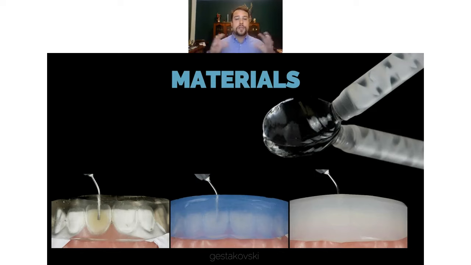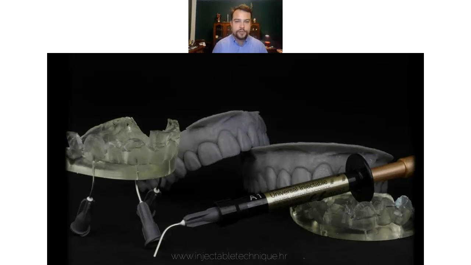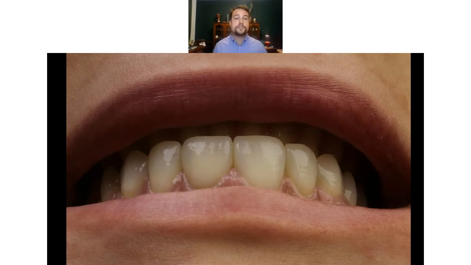Okay. From the composite point of view, I like to use Genial Universal Injectable because of the gloss of restoration that we can achieve. Here is one single shaded restoration only after final polishing. I teach a lot of hands-on courses, and my favorite part of each hands-on course is to check the face of the participants after they do super fine polishing, because everybody is stunned how nicely this composite can be polished.